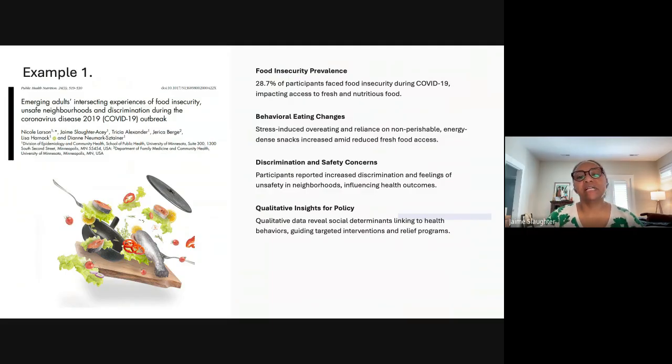And we see that a little bit more than a quarter of those participants said they were experiencing food insecurity during the COVID-19 pandemic.